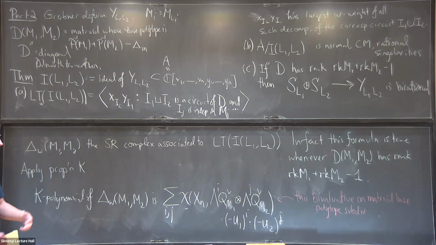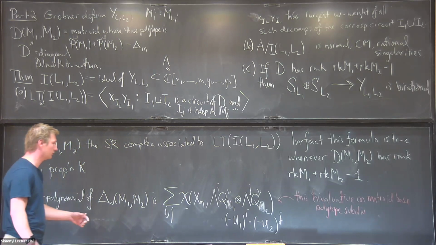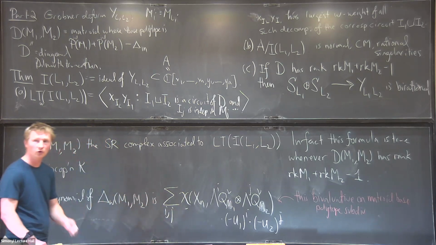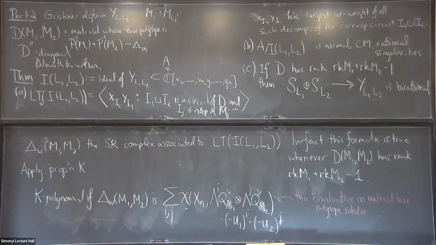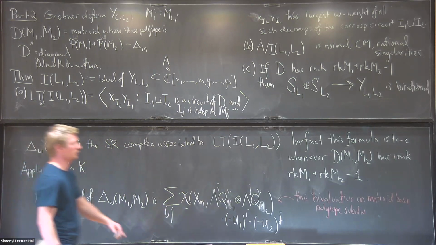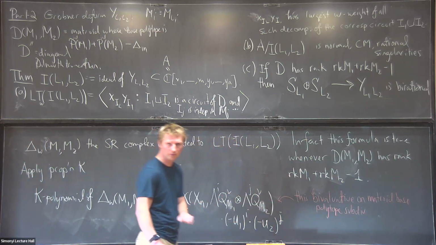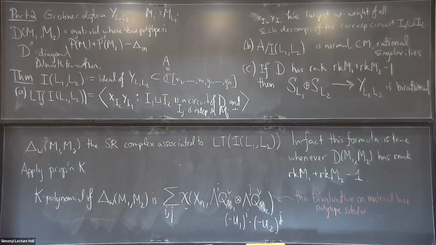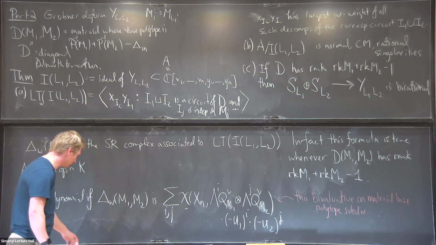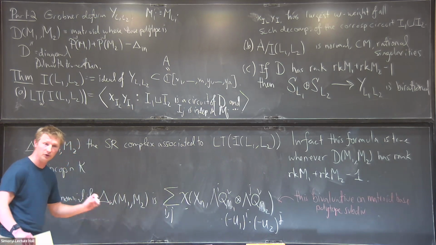Then I will have two bivaluative invariants that agree for all pairs of matroids that are realizable over a field of characteristic 0. There is a minor caveat with this, but it turns out it's not a big deal in the end. If you have two bivaluative invariants that agree over all realizable things over a field of characteristic 0, it turns out that they agree for all input matroids. So it's sufficient to show that this K polynomial is bivaluative.